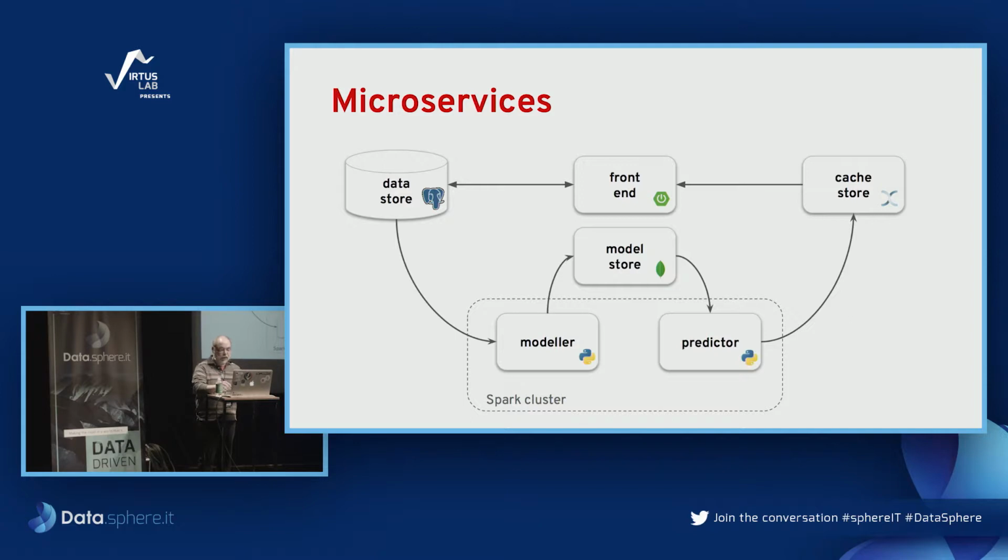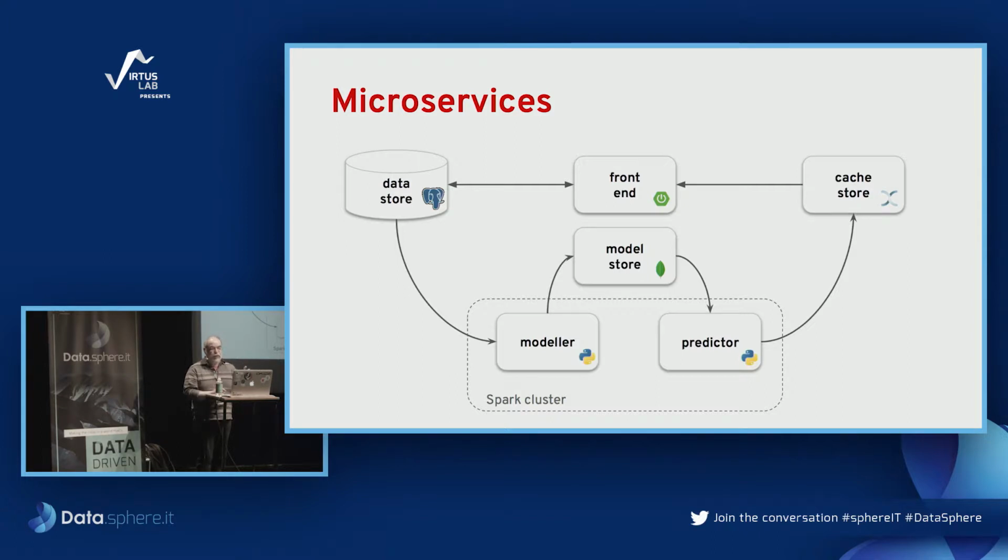And the machine learning specific services, which I mentioned, are the model and the predictor. The model is responsible for ingesting data from the data store, training a Spark ALS model, and storing it on a model store. And the predictor consists of a REST server, which consumes the model from the model store and utilizes it to make predictions, right?